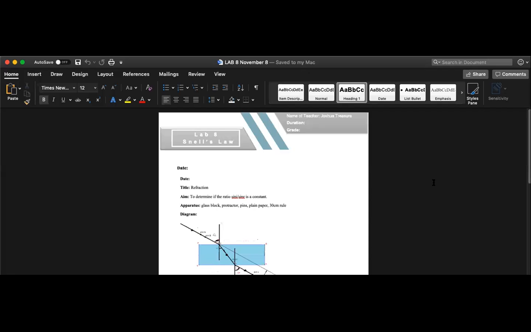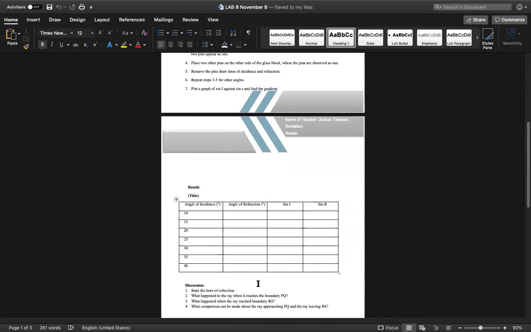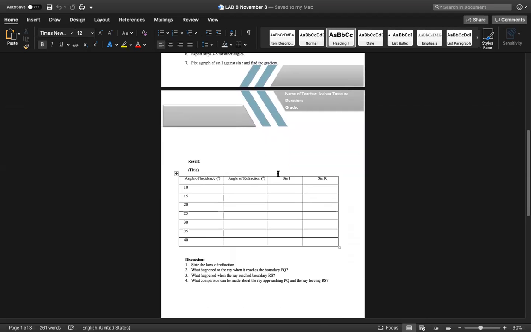Let's do the last one now. Let's see if we can do that in less than 5 minutes. Hopefully. I don't think that's possible, but let's try. Oh, before November 8th. So we did this lab on November 8th. All right, so let's skip the procedure because we know how we do that already. Ensure that it is in past tense. And we should have a title for that already.